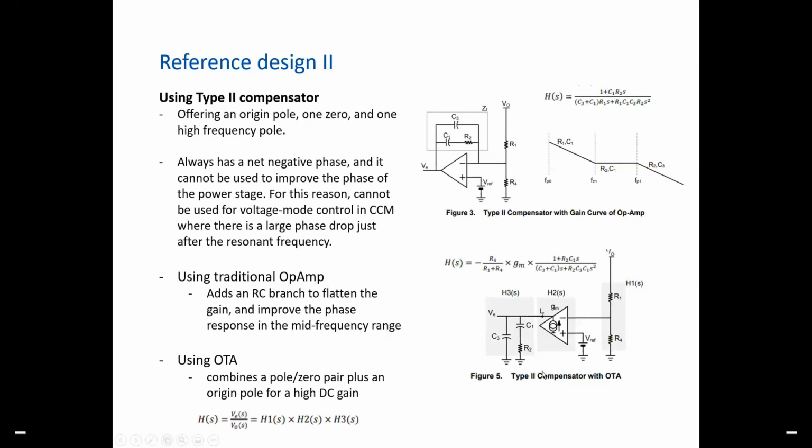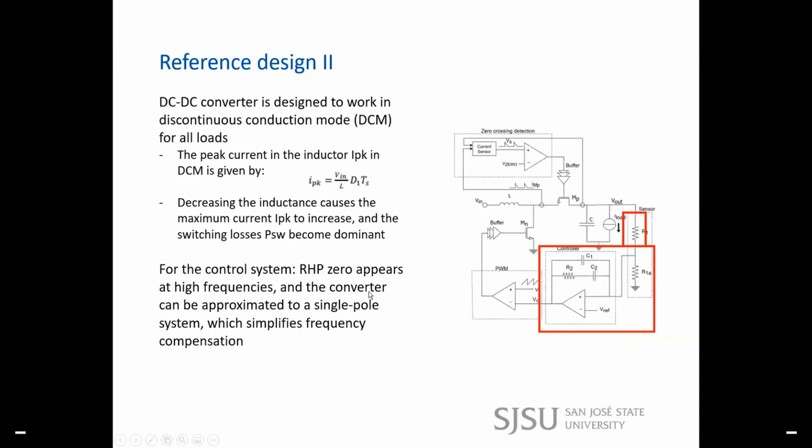With the OTA, you can see on the right-hand side a schematic of the OTA. We are adding an extra capacitor and a resistor in parallel to the capacitor at the output of the op-amp. Next is a design presented in one of the papers, which I have listed in the reference page.